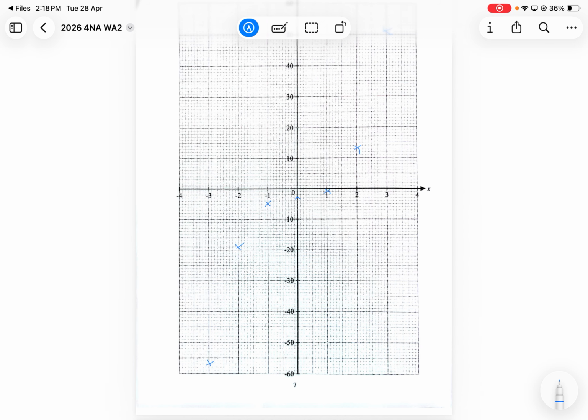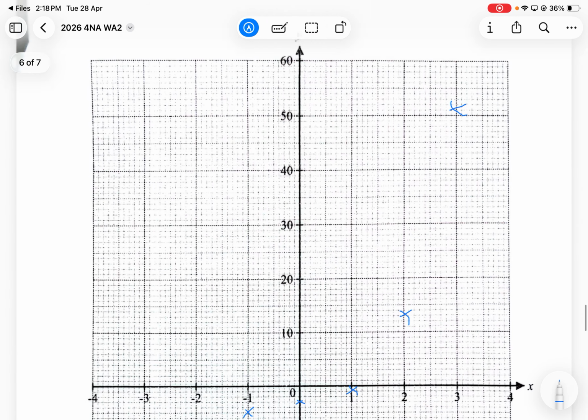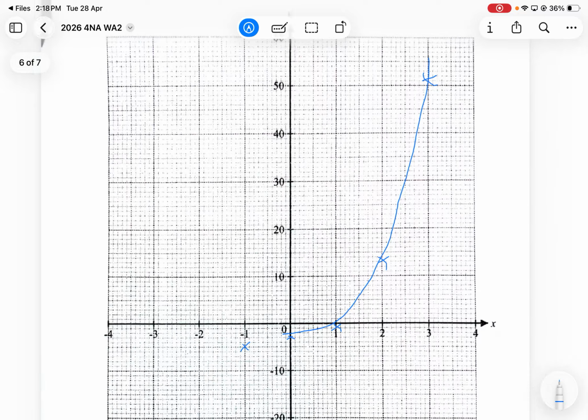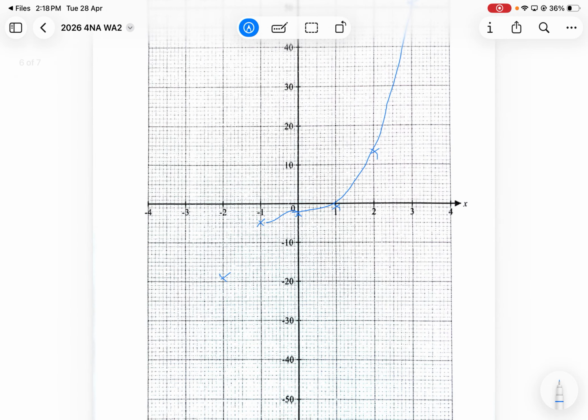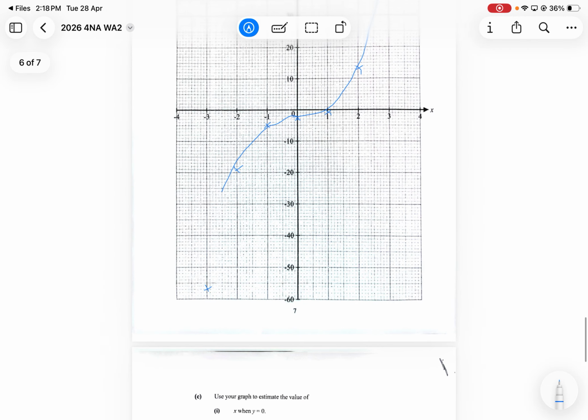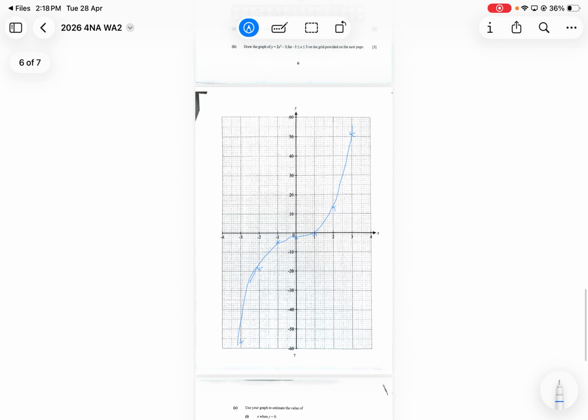Got pencil still easier. No pencil, very difficult. I'm using my hand. Okay, roughly should be like that. Wow, very bad.